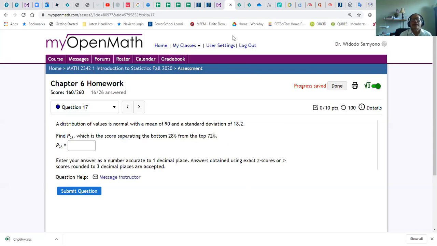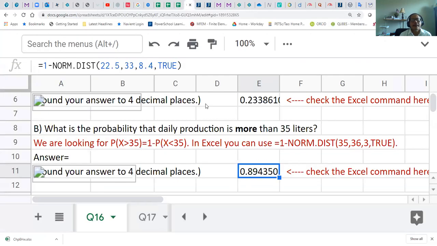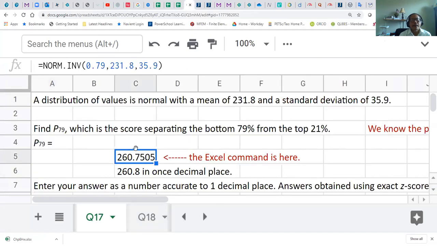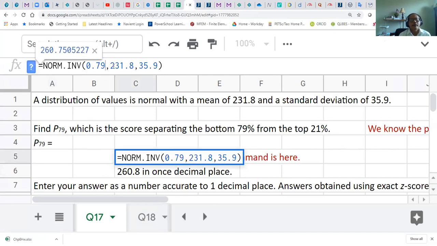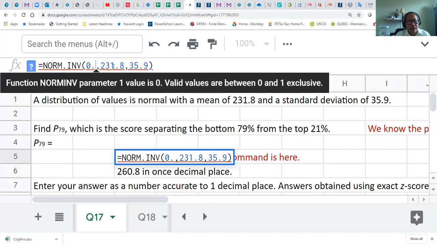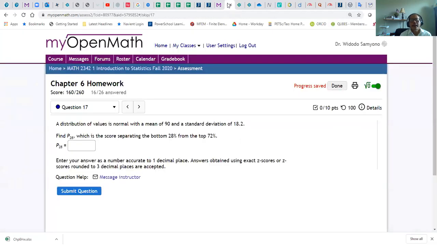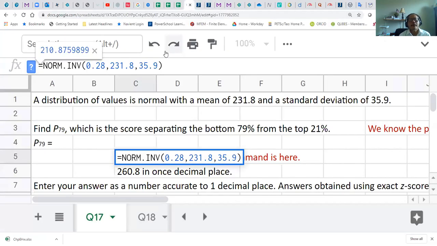So you put this number first, which is 0.28.